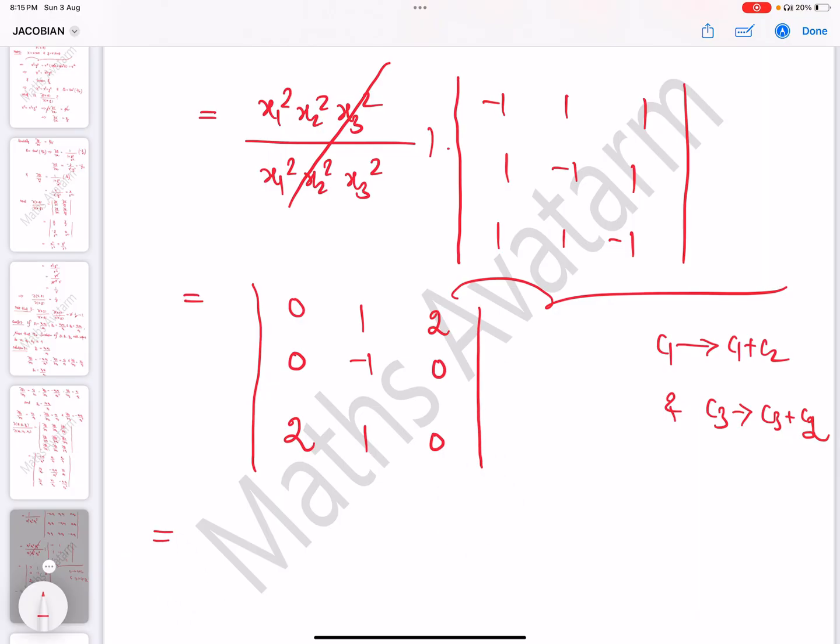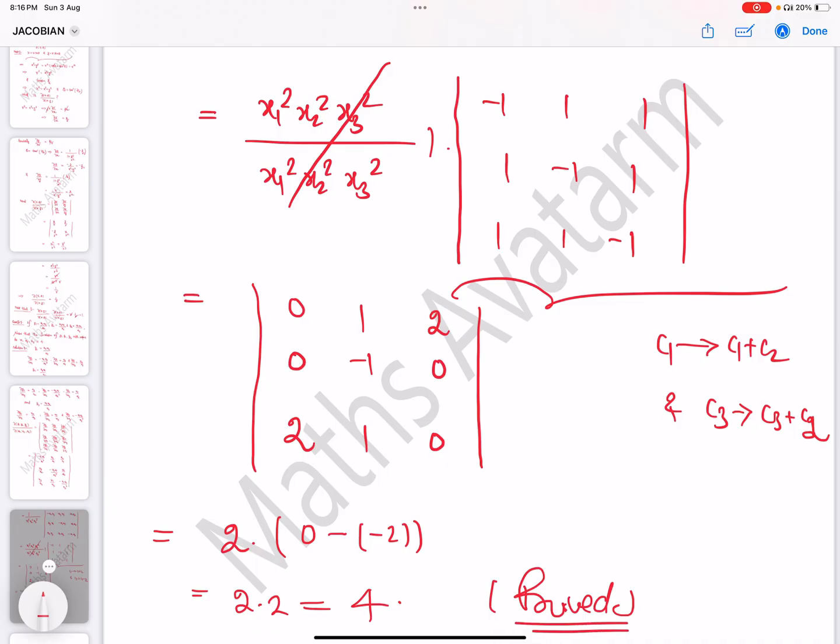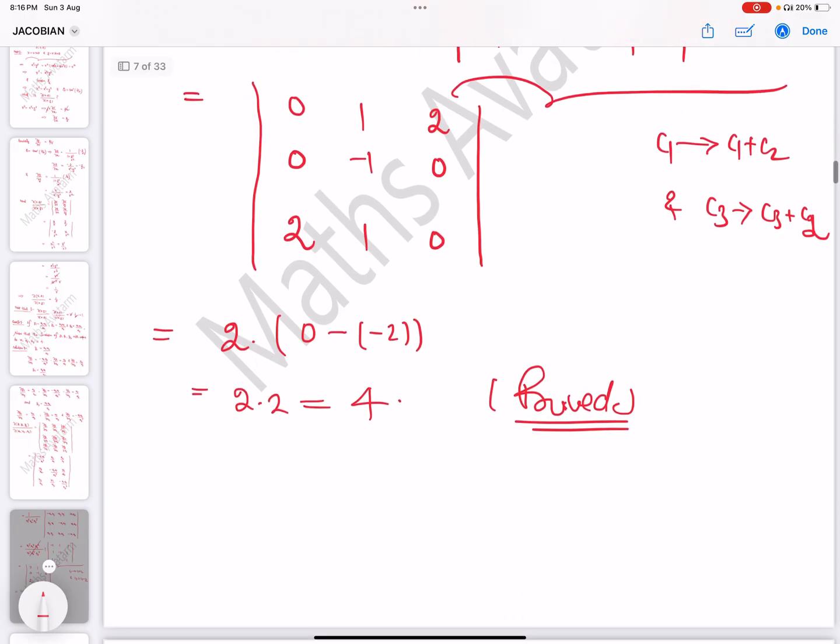Now expand this determinant along the first column. This is 2 into this multiplication with 0, minus this multiplication with minus 2, that is 2 into 2 is equal to 4. So this has been proved that the Jacobian is actually 4.